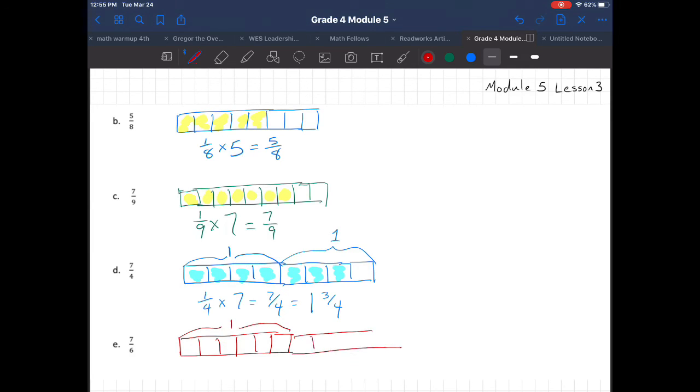I'm going to make another 6 of them. 1, 2, 3, 4, 5, 6. So this is also 1. Now the shading. I'm shading 1, 2, 3, 4, 5, 6, 7. My unit fraction is 1/6. I have 7 of them. That equals 7/6, which also equals 1 whole and 1 more 1/6.